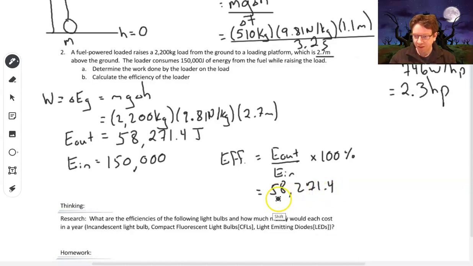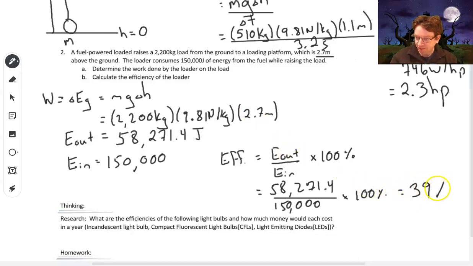Energy in is 150,000. Multiplying by 100%, and we get 38.8 or 39%. So it's 39% efficiency, which is not too bad.